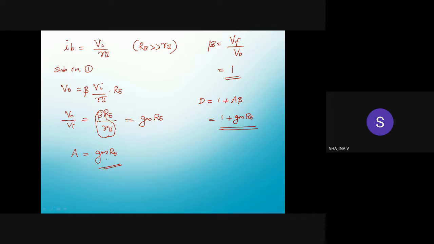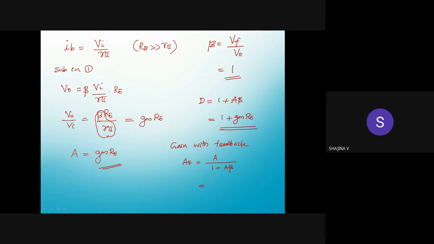Now using this expression, we can find the effect of feedback. That is, our gain without feedback was Gm into Re. Now we can find gain with feedback. Gain with feedback, that is AF, is equal to what? Gain without feedback divided by 1 plus A beta.